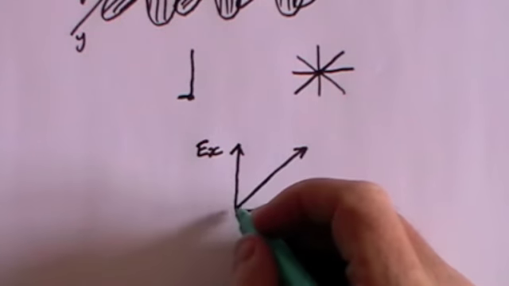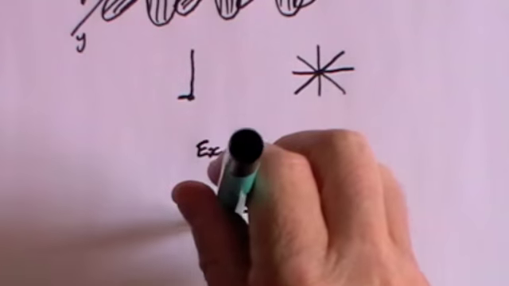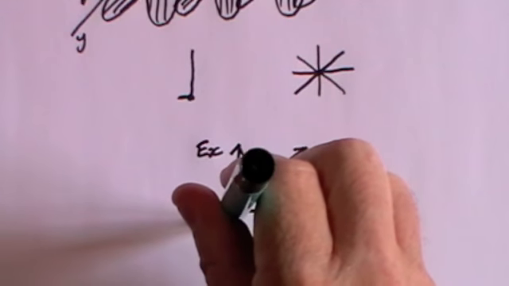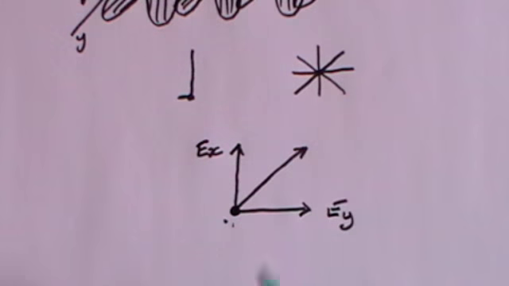Remember, we're looking head on at the wave coming towards us, so the z coordinate is coming out of the paper. So we've got x and y, and z coming out of the paper. And I just remind you again, the E field cannot have a z component if z is the direction of travel of the wave, because E must always be perpendicular to the direction of travel of the wave.